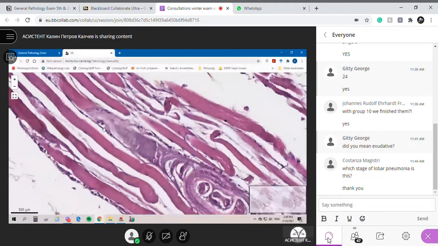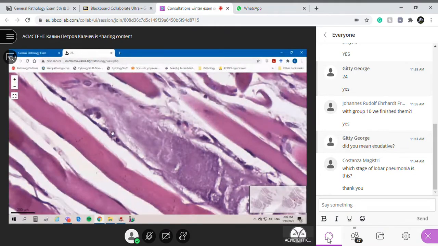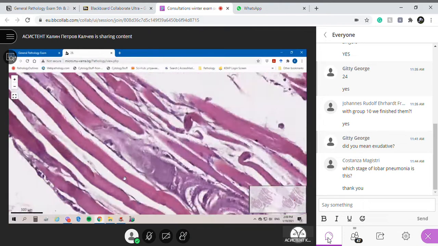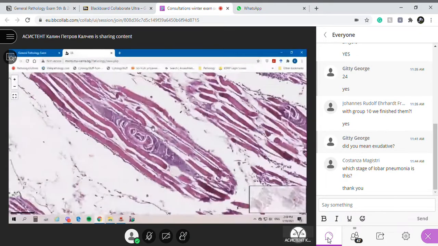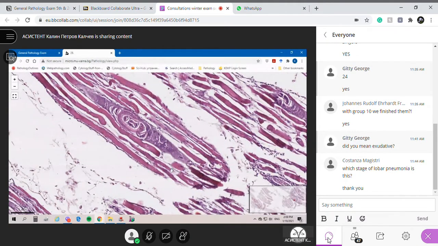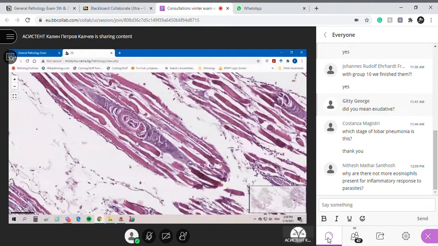And of course, we have some lymphocytes around this granuloma. The only thing that is not very well visible here is the fibrosis. But usually these granulomas end with fibrosis of these organisms when they start healing. So this is about the granuloma around parasites.